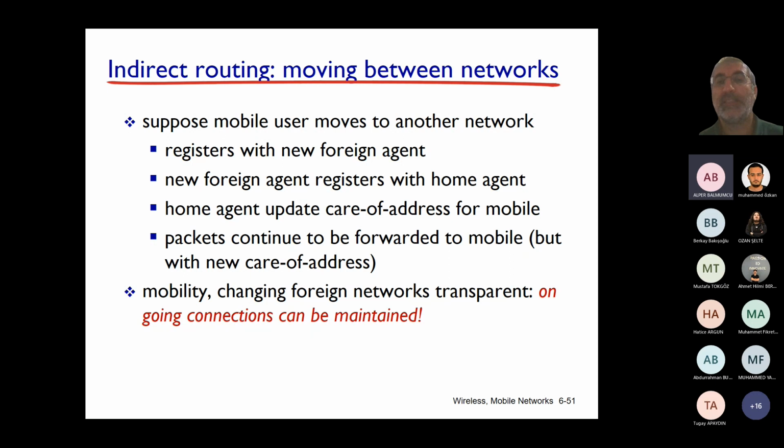First of all, we need to register with this new foreign agent, and the new foreign agent is going to register with the home agent, and the home agent is going to update your care of address for your new location, and the packets are going to continue to be routed to your mobile, but with the new care of address, of course. So the mobility changing foreign network is transparent to the correspondent. And there's no cut in your current connections, so the current connection can be maintained.